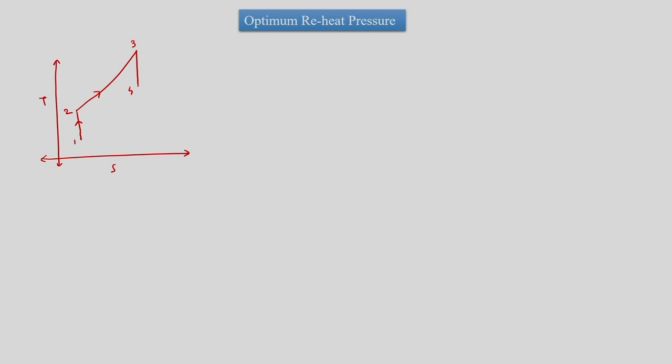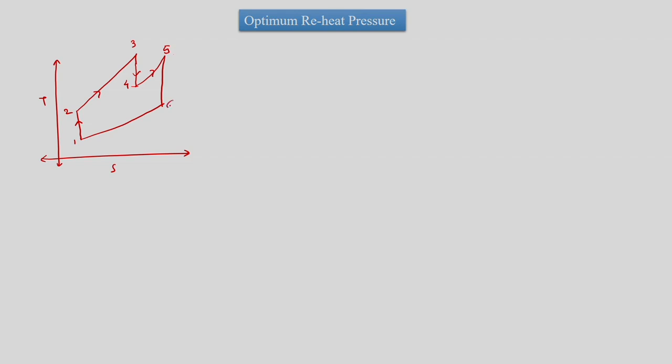But why is this point 4 here? This point 4 can be here, or this point 4 can be very close to point 3 like this. So there are different ways this location of point 4 is possible. So let us assume at this moment that this is the location of point 4, and we will find out what is the optimum location of point 4.